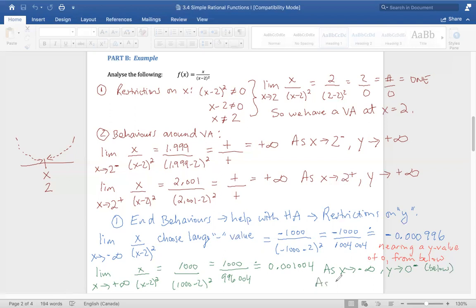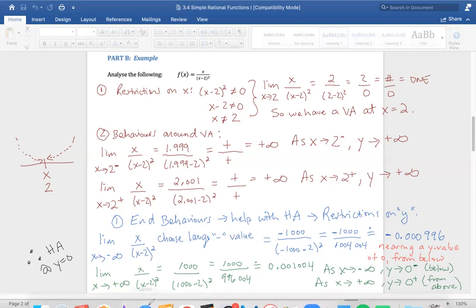Then as x approaches positive infinity, y is approaching 0 from above. That plus means from above. Therefore, my horizontal asymptote is at y equals 0, because I'm approaching 0 from below and from above without actually hitting 0. There is a horizontal asymptote there at y equals 0.